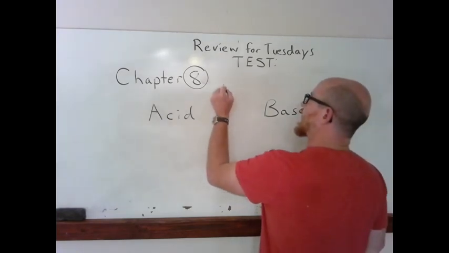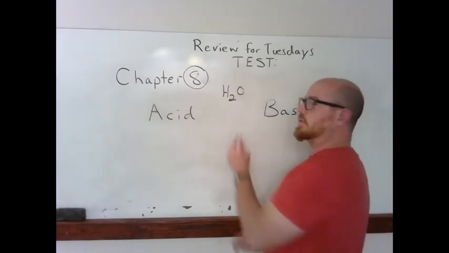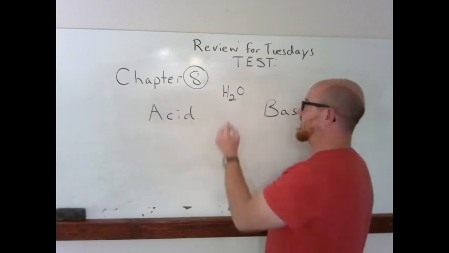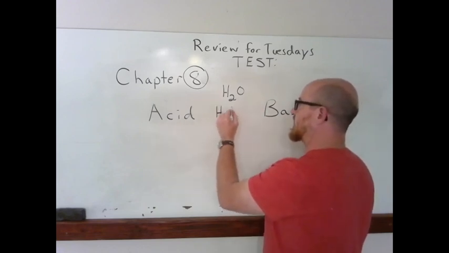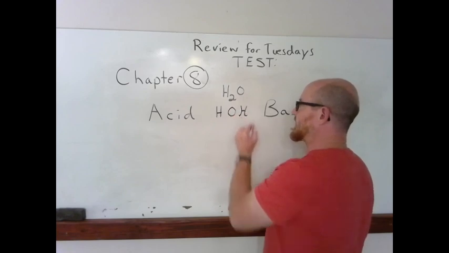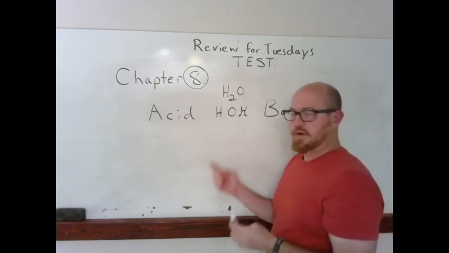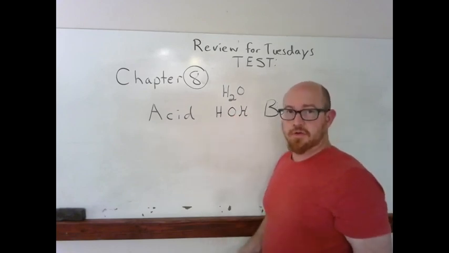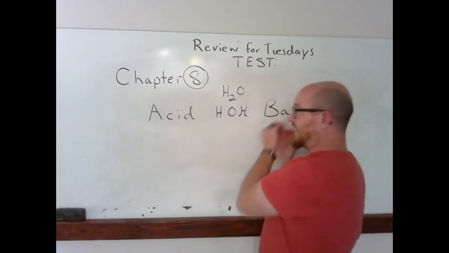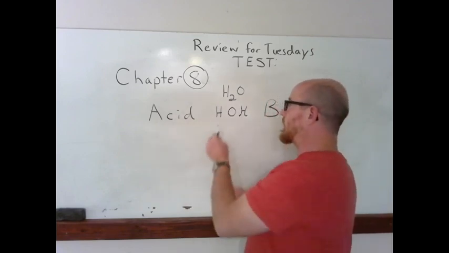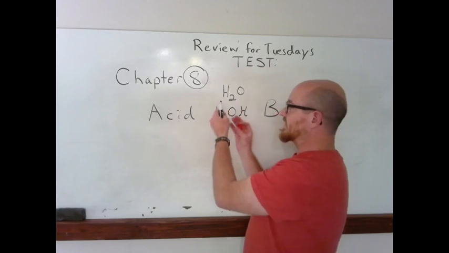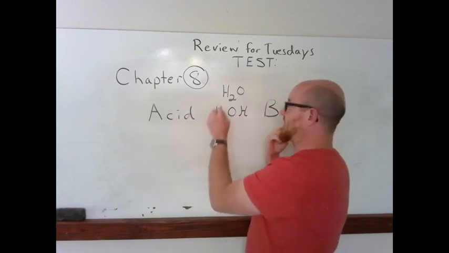You've got H2O. If I break that apart, I really have HOH. That's the key right here. As you saw in the video, as I explained what an acid and a base was, what I'm really doing is to define an acid.